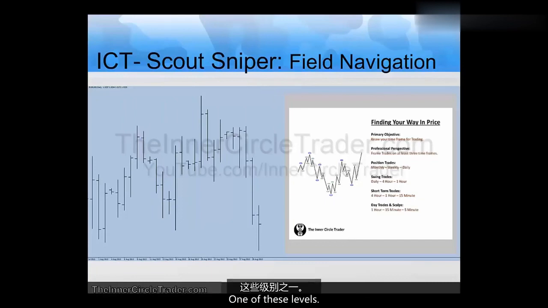Now, at any one of these levels of time frame analysis, you can always break it down further to the lowest form of charting. In other words, it could go down to a 1-minute chart. Now, I don't use 1-minute charts. The lowest I go is 5-minute, and that's only when I've really honed in on a specific key level and I'm either day trading or scalping, which I don't do very much of.